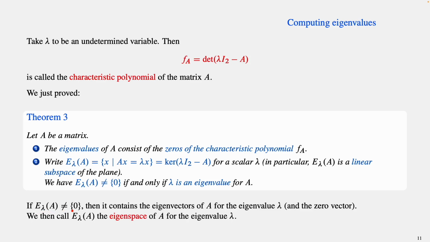If it is actually different from 0, then it contains all the eigenvectors of A for the eigenvalue lambda, and in addition the 0 vector. And we then call E lambda A the eigenspace of A for the eigenvalue lambda.